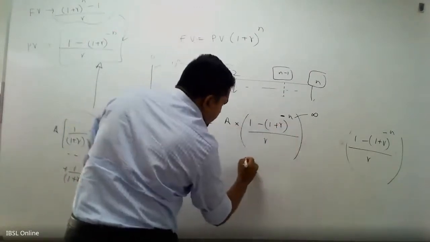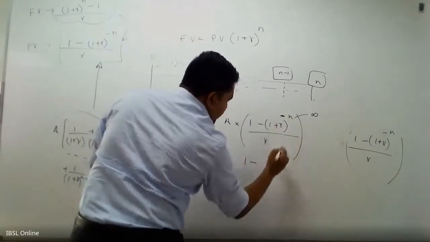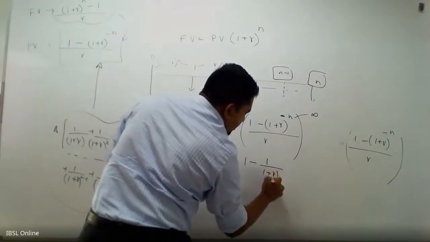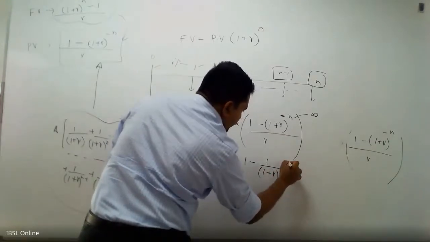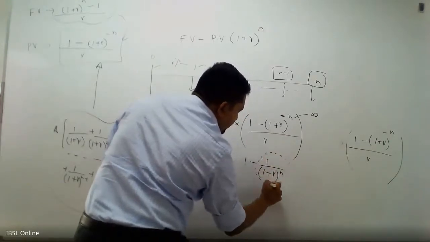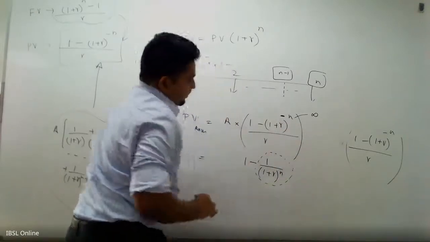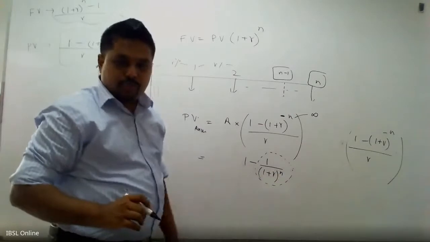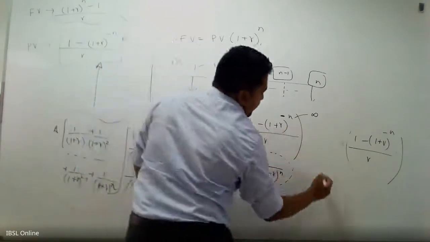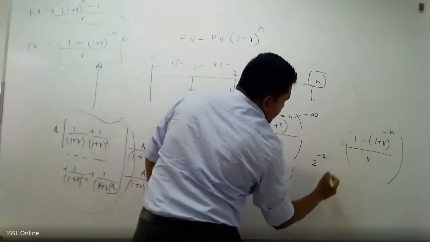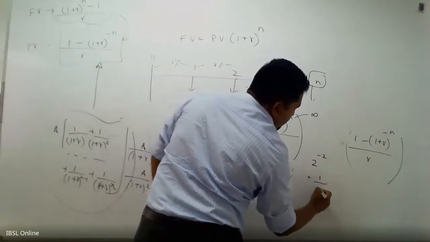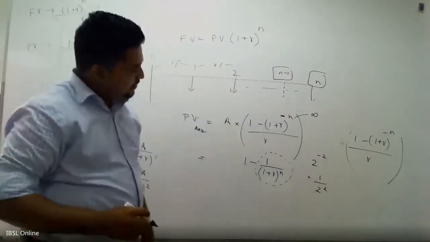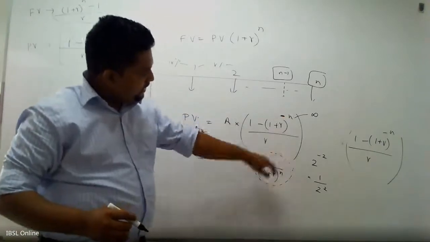This is (1 plus r) to the power negative n, which means 1 divided by (1 plus r) to the power n. This is negative n, this is positive n. Good example, 2 to the power negative 2 is equal to 1 divided by 2 to the power 2. Same thing, I'm rewriting here.